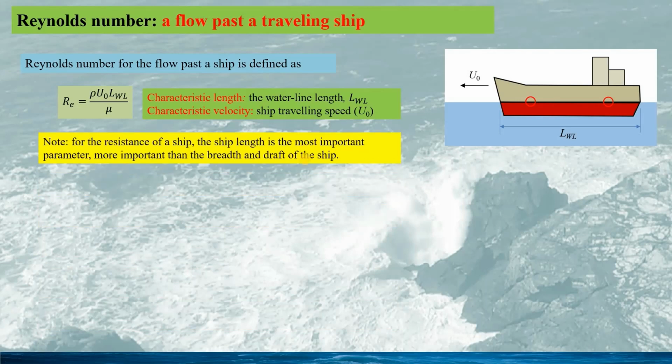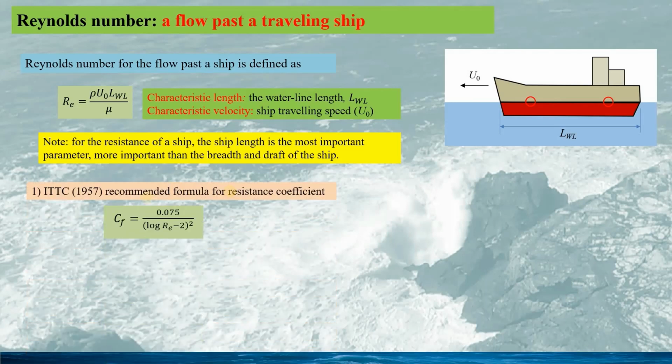Why do we have to choose the ship length as the characteristic length rather than the breadth or the draft of the ship? It is because for the resistance of the ship, length would be the most important parameter.